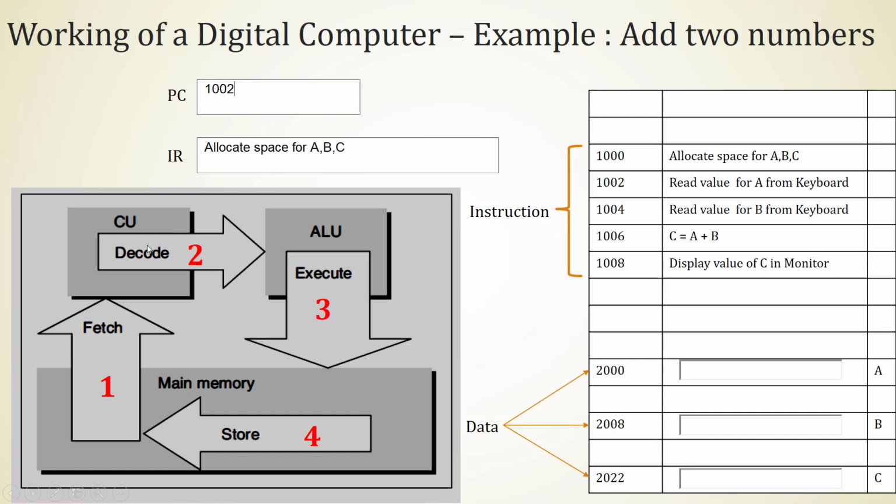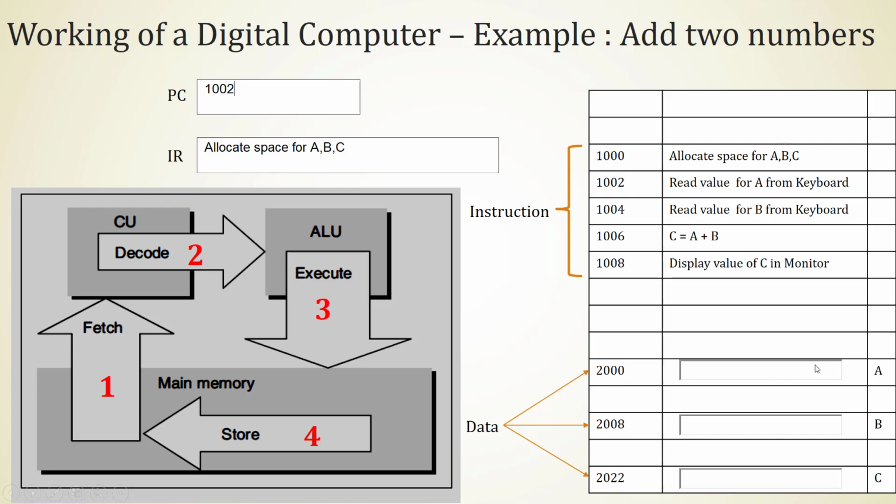Next is decode. This instruction will be decoded in the control unit. Here I have 3 operands A, B, C. What is the operation I have to perform? Allocate space. So I have to allocate some space in RAM for A, B and C. That will be executed by the processor and some space will be allocated in the same RAM.